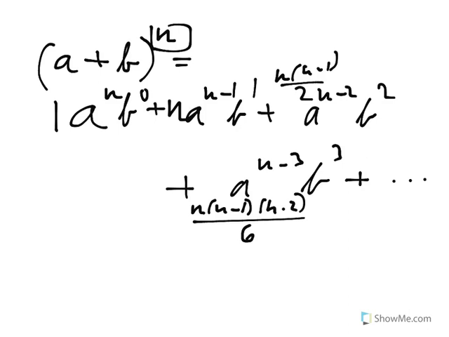And you could plug in any integer for n and get the first 4 terms of the expansion. But what if I were to put a fraction for n? For instance, 1/2.